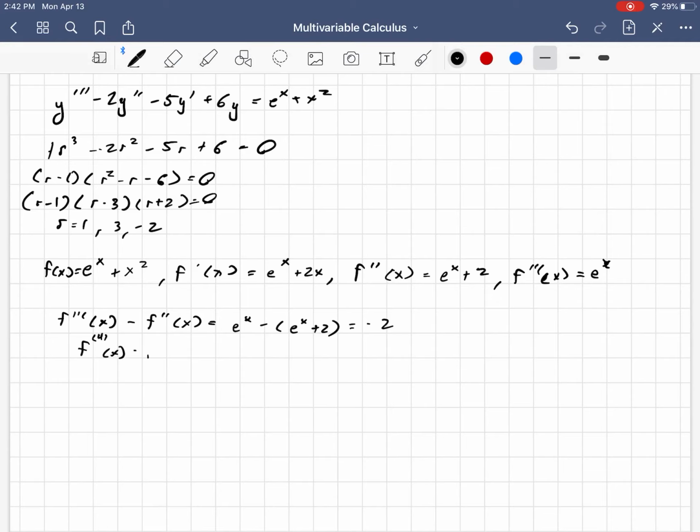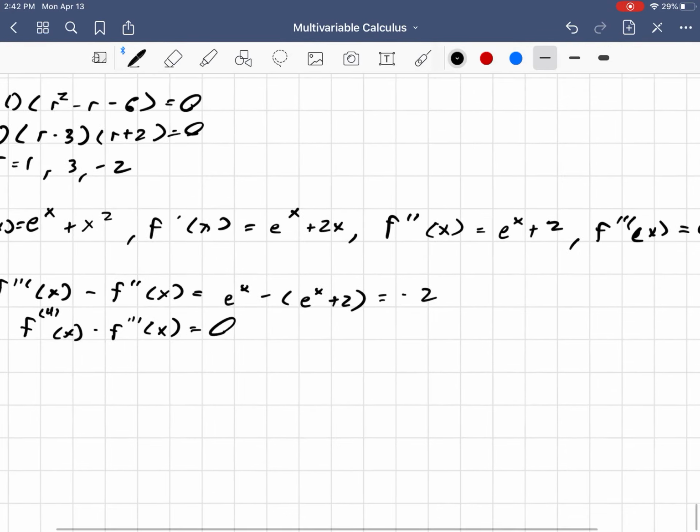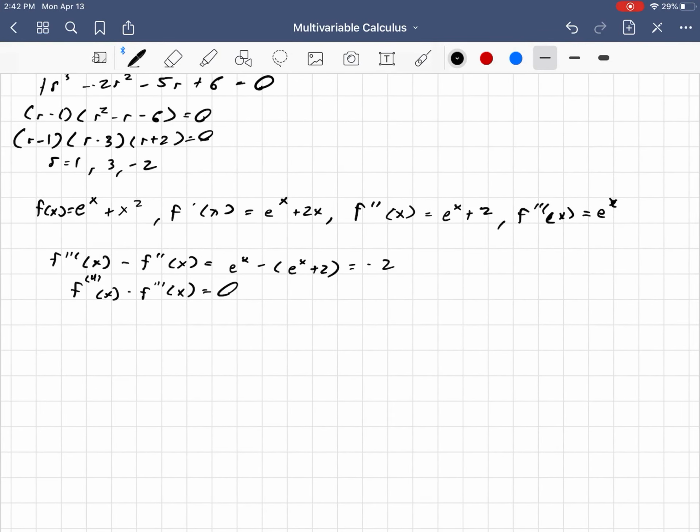So if I differentiate both sides, I'm not going to do 4 primes, the fourth derivative of f with respect to x minus f triple prime of x is 0.